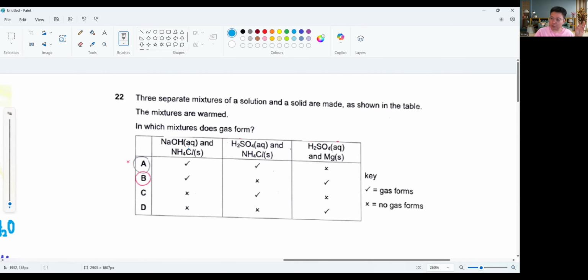Even if you don't copy that, let's guess what will happen. This Na plus will replace this because clearly Na plus is more reactive. So when Na plus reacts with this, it will kick out this NH4. NH4 when kicked out will become NH3. NH3 is ammonia gas.